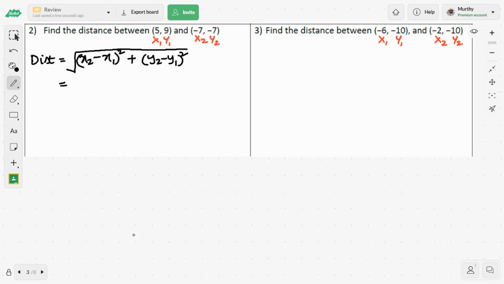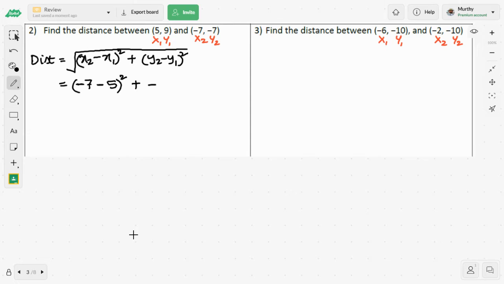I see that x2 is -7 and x1 is just 5. Therefore, x2 subtract x1 is -7 minus 5. I see that there is no double negative sign, so let it be the same. Plus y2, which is -7, subtract y1, which is 9.